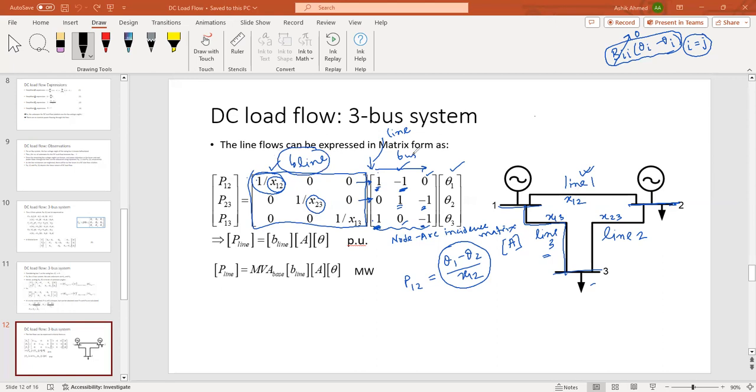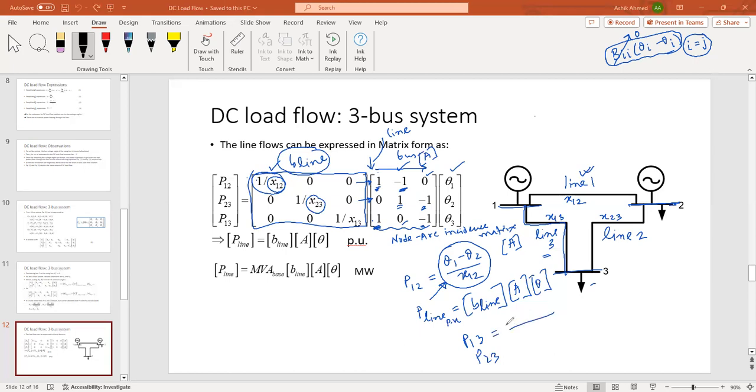So B line into A matrix into theta. In general, P line in per unit can be obtained by this expression, B line into A into theta. And of course, you can check this expression, and also other expressions, P13, P23, any expression.